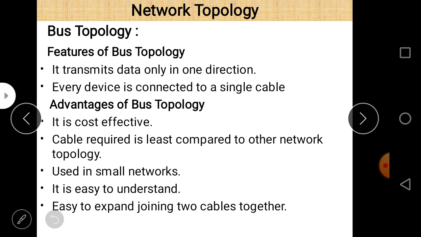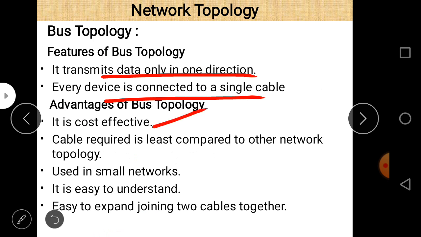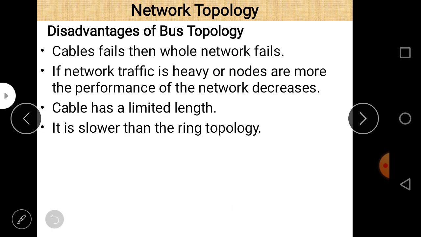Now, features of bus topology: it transmits data only in one direction, it means unidirectional. Every device is connected to a single cable. As far as advantages are concerned: it is cost effective, the cable required is least compared to other networks, it is used in small networks, and it is easy to understand and easy to expand by joining two cables together. As far as disadvantages are concerned, if the cable fails, the whole network fails.